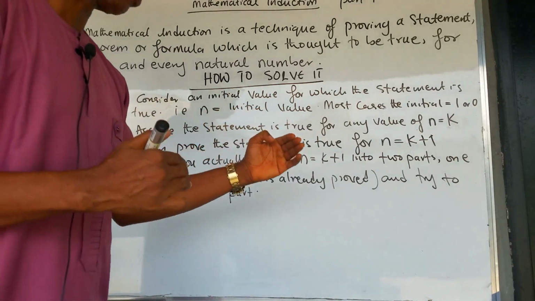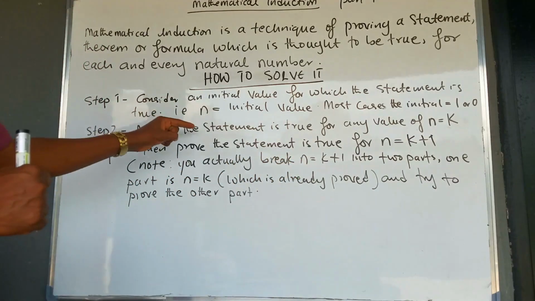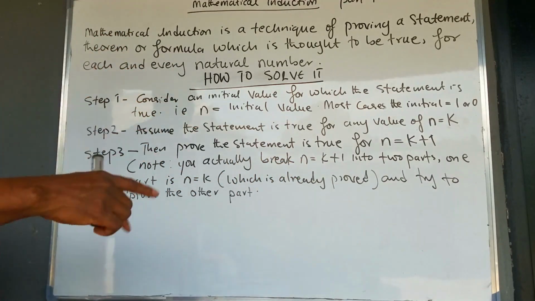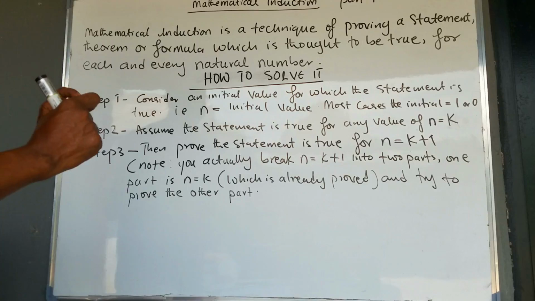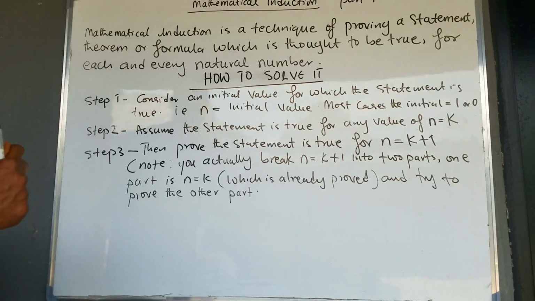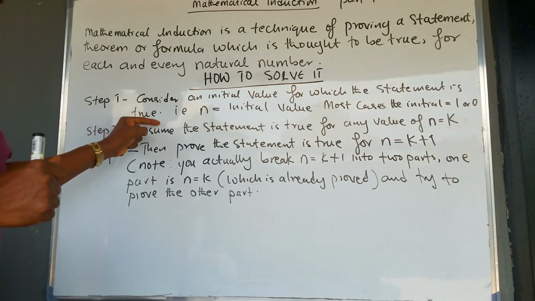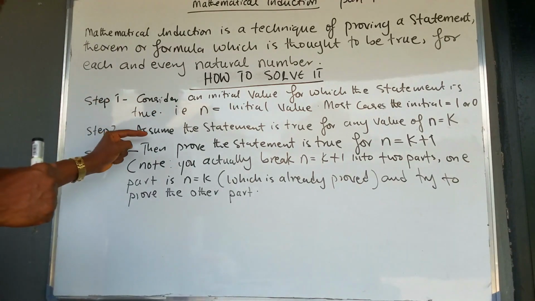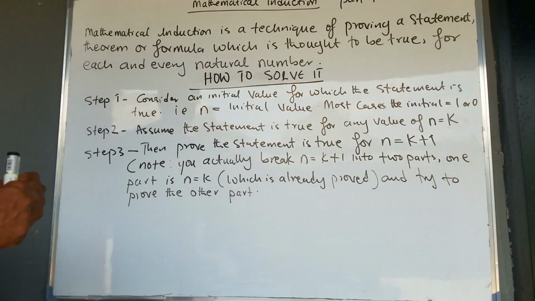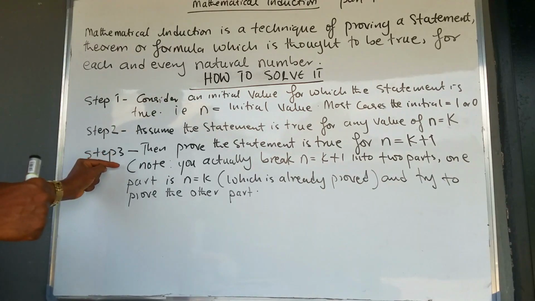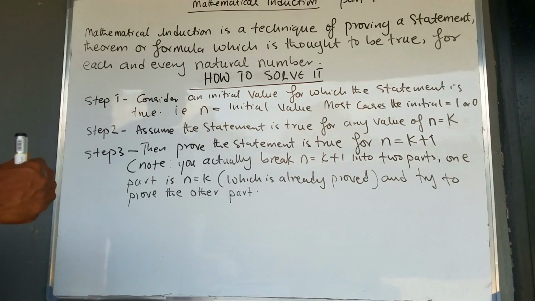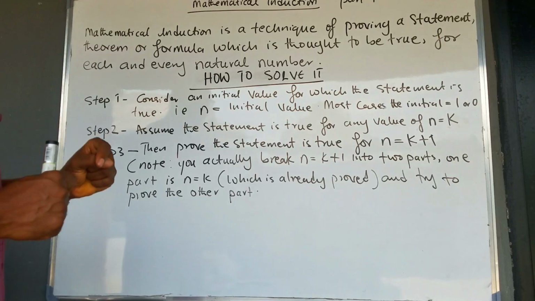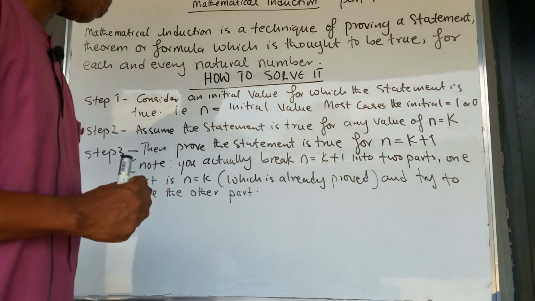It is not true in the real sense, but you assume it to be true. So number 1, you definitely have to prove that it's true. But number 2, you assume it. Then number 3, prove again that the statement is true for n equal to k plus 1.